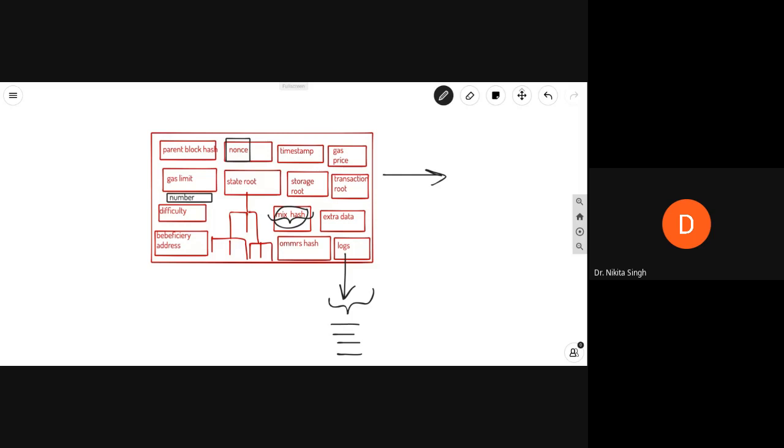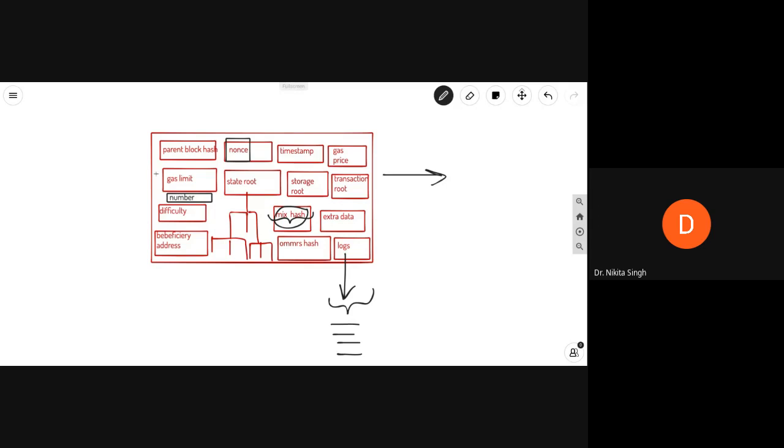So these are all the fields that are present in the Ethereum blockchain. You have the parent block hash, you have the nonce, which solves the difficulty target, you have a number which gives the block number. Genesis has 0. This block will also have some number. You have a timestamp which gives the time at which the block is created.